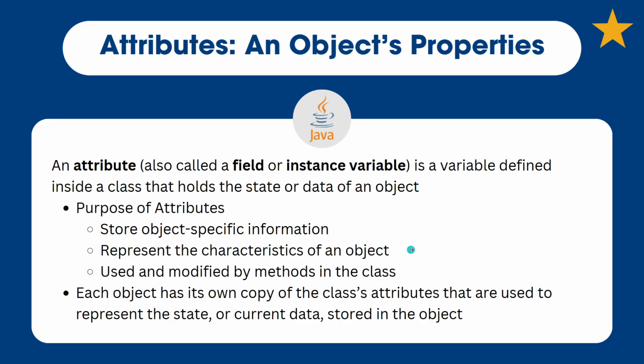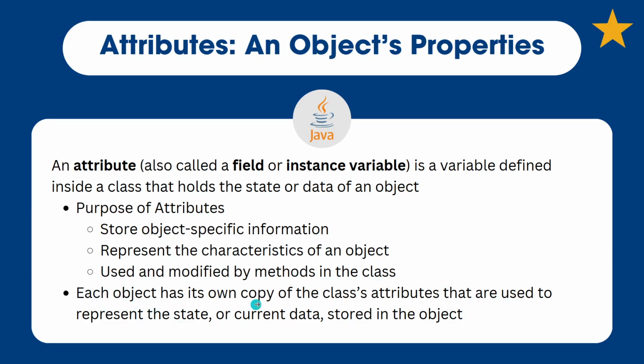So the methods might calculate something based on that information, right? For example, for a car, if it has a price variable, maybe we need to calculate the actual total after taxes. So we might have a total price after taxes method. Those methods will work off of those attributes. We'll look at that in some of the next slides.